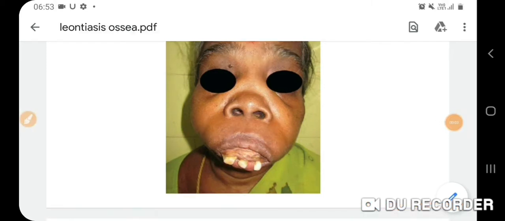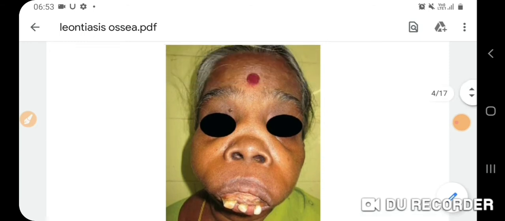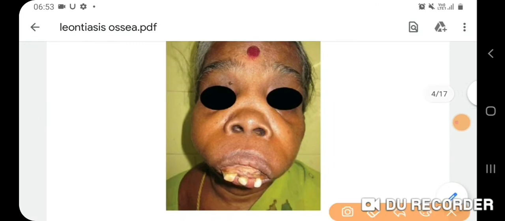Maxillary disease produces enlargement of the middle third of the face, and it may result in nasal obstruction, enlarged turbinates, obliterated sinuses, and deviated septum. So the patient's face looks like Leontiasis ossea or lion-like face.